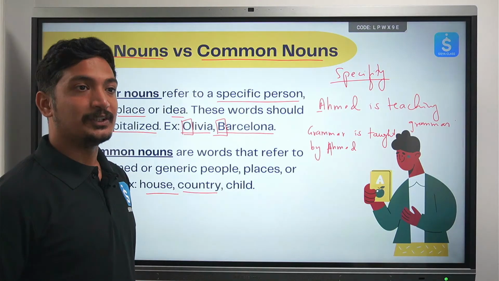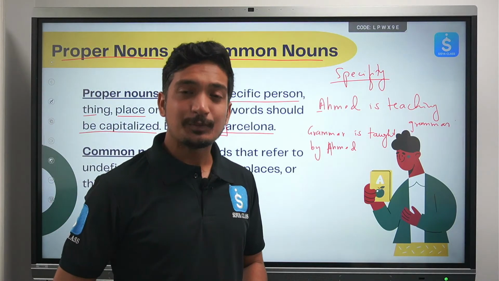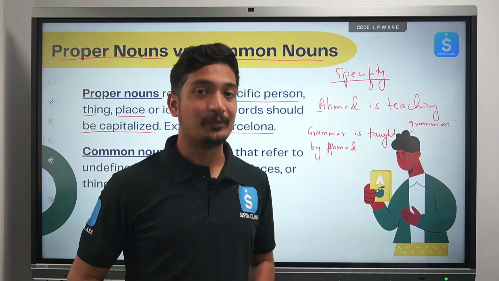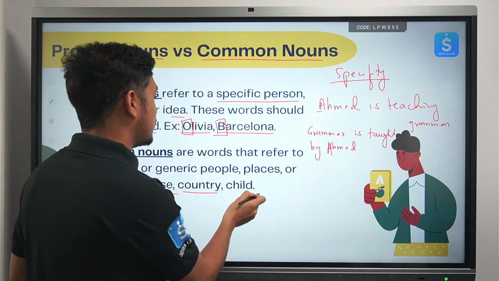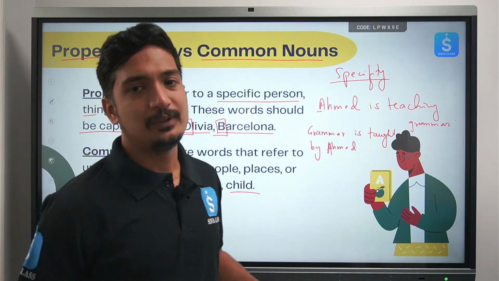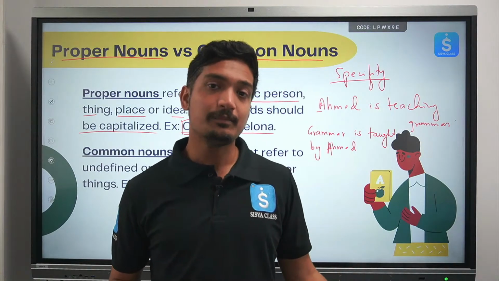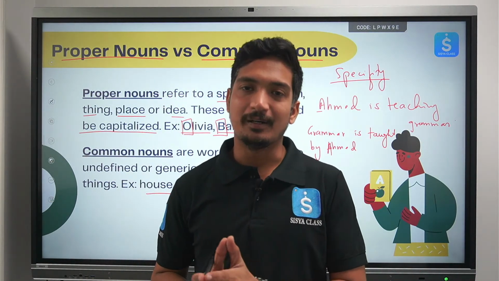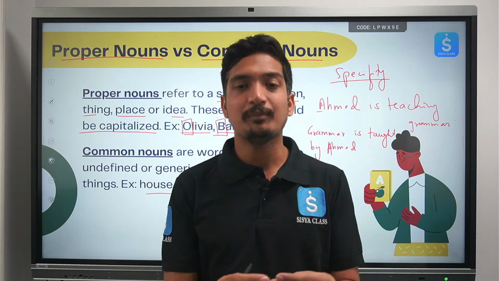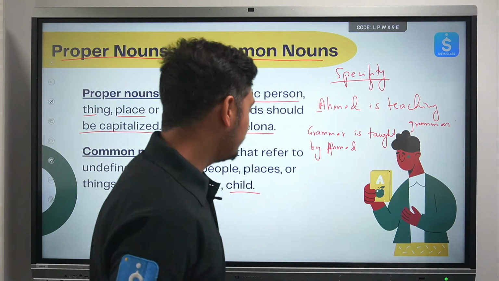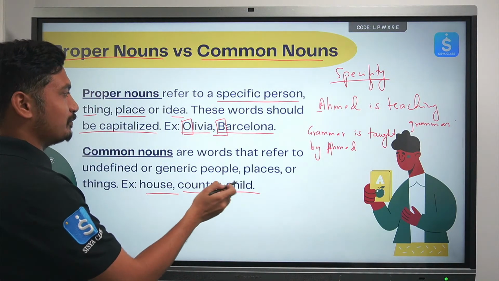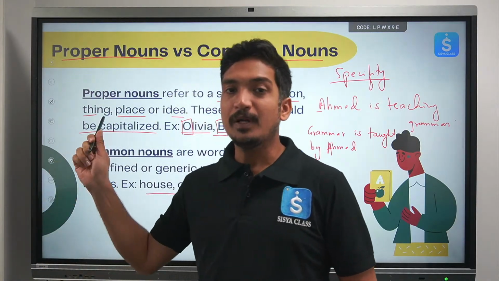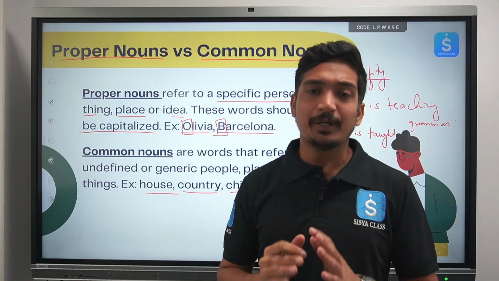Country is mentioned, but which country in specific is not mentioned. Any which ways, country is still a noun. Then we have child. Which child? We don't know. So if we say your child Jacob, then child becomes the common noun and Jacob becomes the proper noun. Here we don't need to capitalize each and every word. That's the difference between the proper noun and common noun.